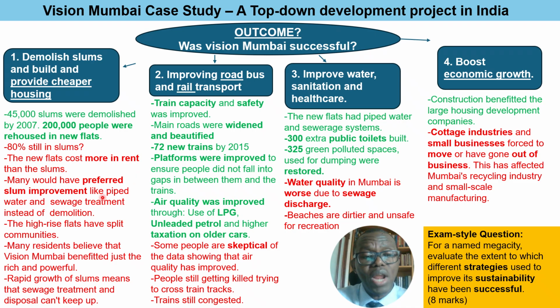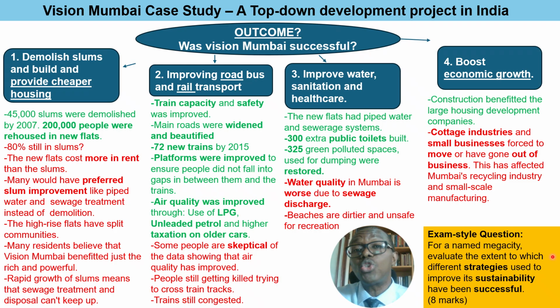Okay, then many would have preferred slum improvement like piped water and sewage treatment instead of demolition. So some people preferred to live in their old accommodation in the slums, because the slums had more of a community feel to them. And apart from that, the slums also had a lot of cottage industries, and cottage industries are where people do a business from home.